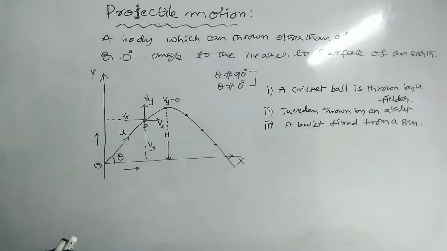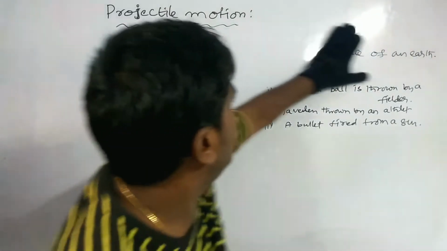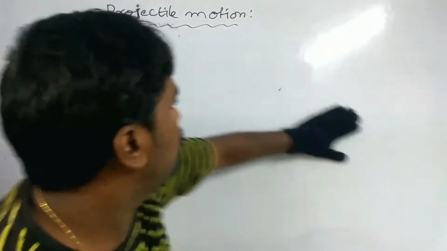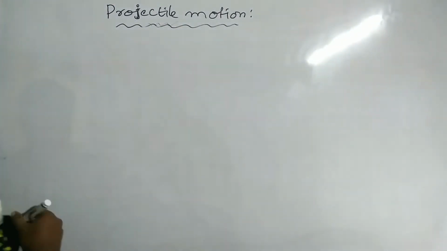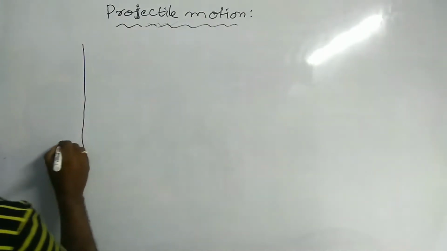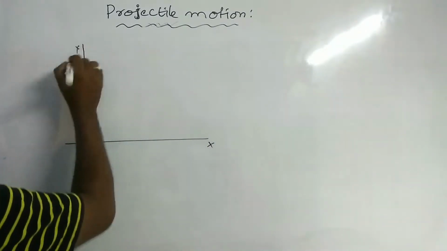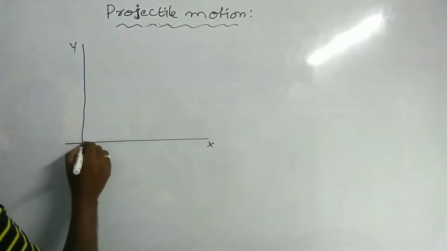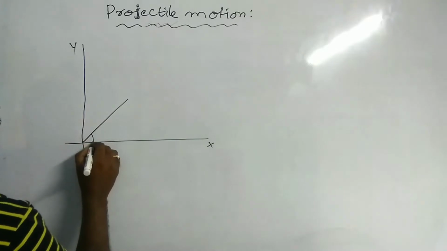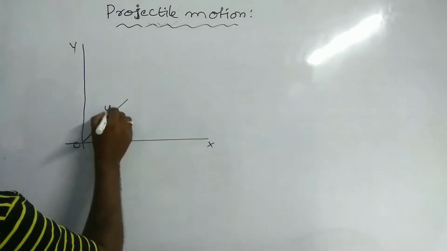Here there is a body which is thrown at an angle to the horizontal. This is the x-axis and this is the y-axis. A body is thrown with a certain angle theta to the horizontal with initial velocity u.